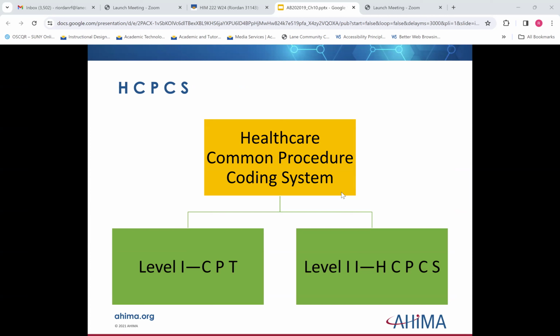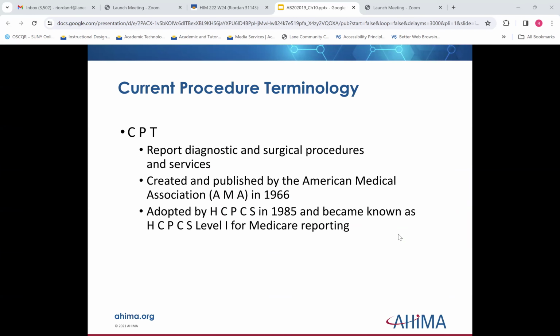HCPCS, as it's commonly referred to, is Healthcare Common Procedure Coding. Level 1 HCPCS is CPT, which you learned about in CPT coding. Level 2, which you probably touched on, I'm sure, in the CPT coding, is the HCPCS codes. CPT is used to report all these diagnostic and surgical procedures.